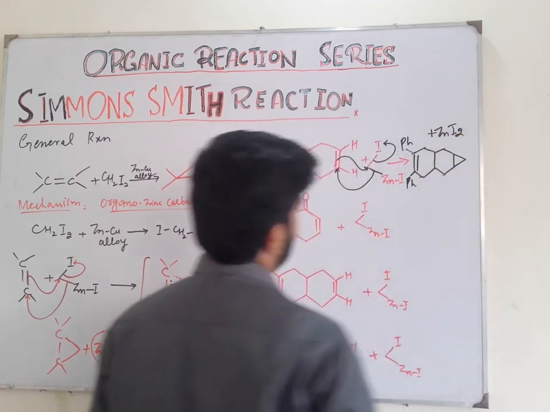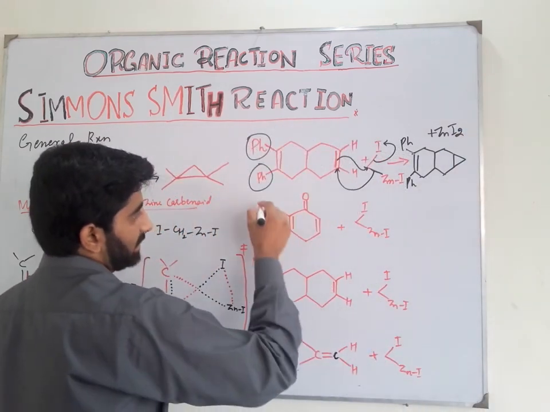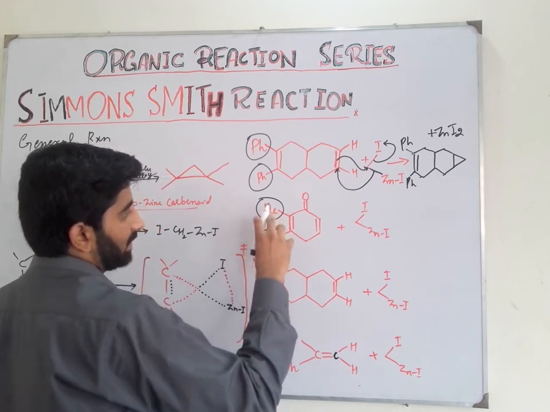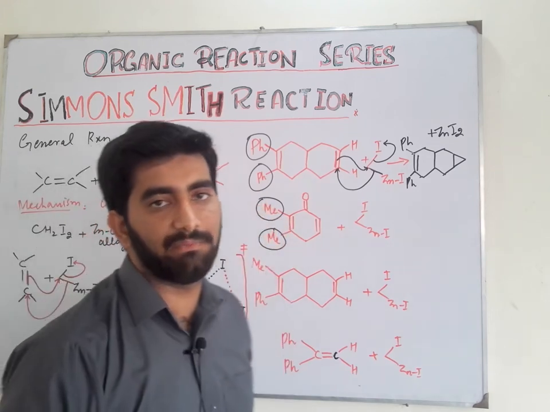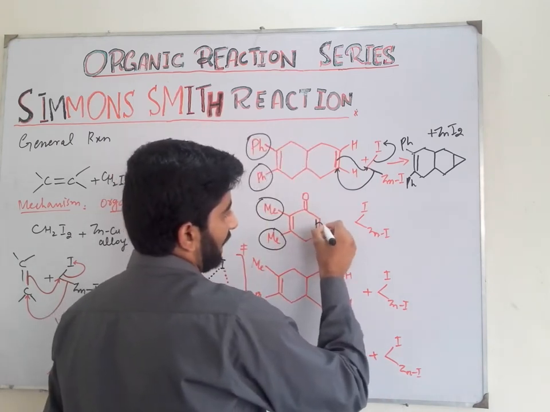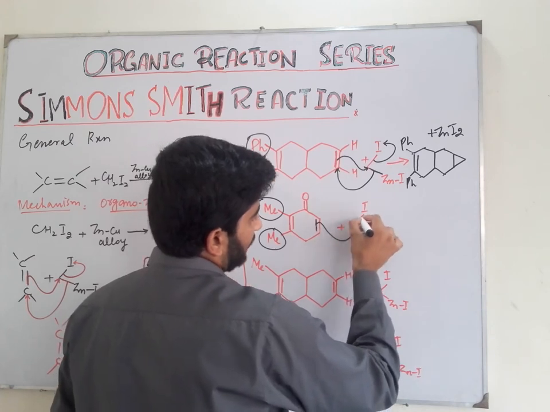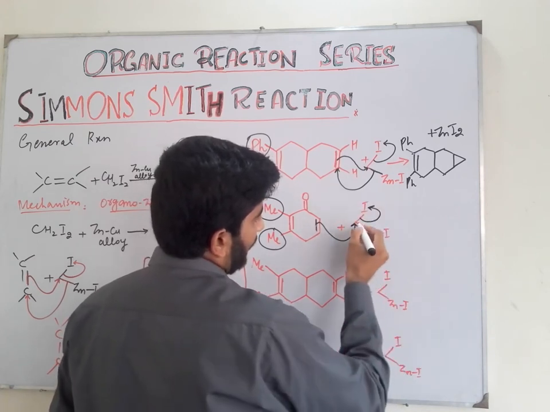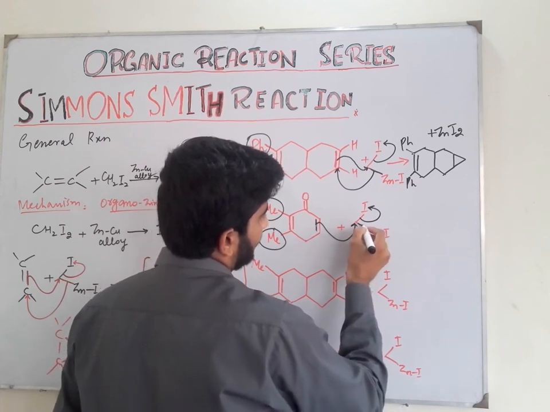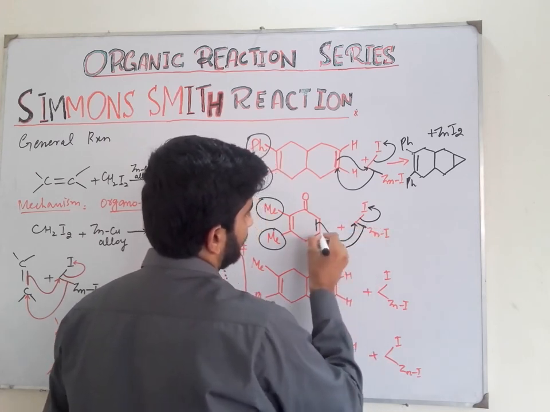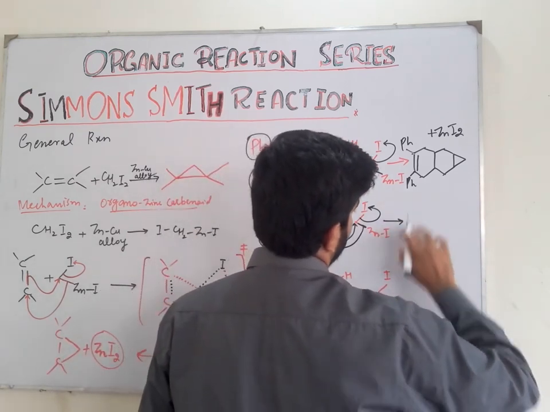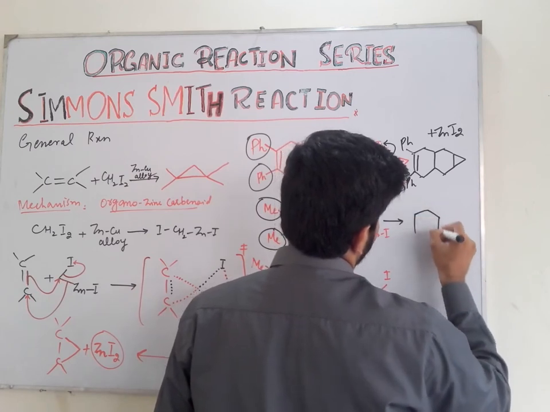Zinc iodide. In this example, this site is a hindered site because the bulky groups are present and there is steric repulsion between the bulky groups. So these pi electrons attack on this electrophilic center. Iodide leaves the carbon, and these electrons attack on the electrophilic center, and there is formation of a cyclopropane derivative.